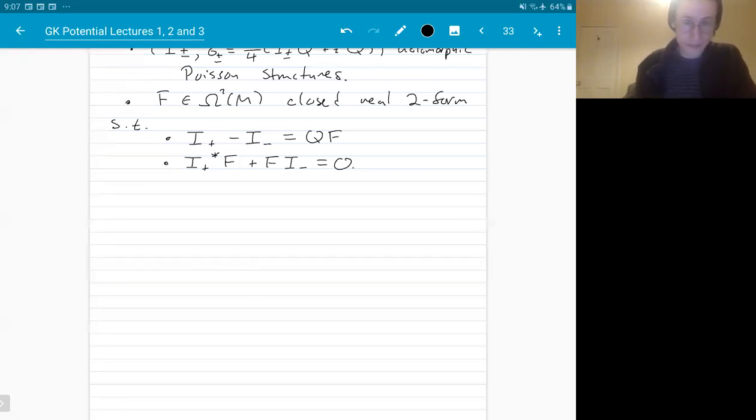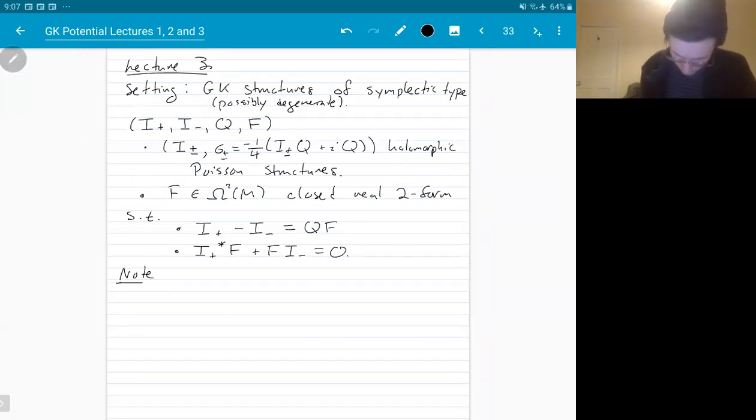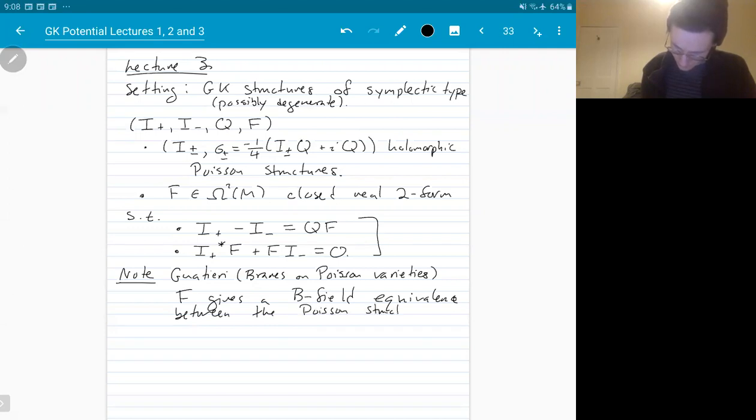So this was the structure. I think I mentioned at the very end that if you look at Marco's paper on branes on Poisson varieties, he has the system of equations, and one way of thinking about it, which may be useful for some people, is that F gives a B-field equivalence between the Poisson structures sigma plus and sigma minus.